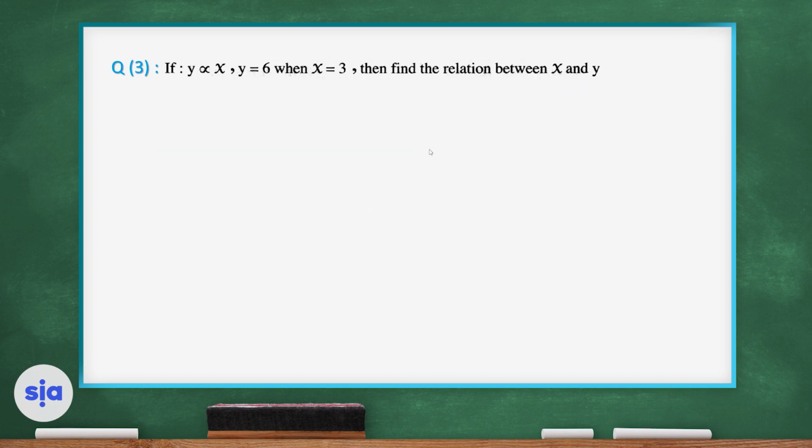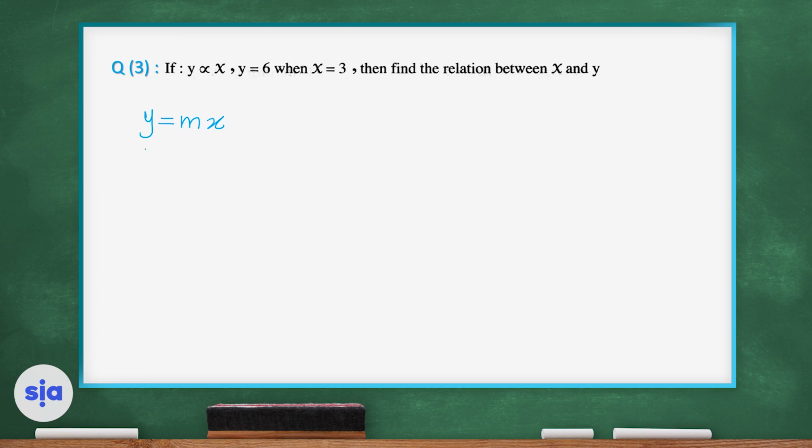In question 3, the question says, if Y varies directly with X. Here, automatically, once you see the question is telling you that Y varies directly with X, you go and write Y equals mx.